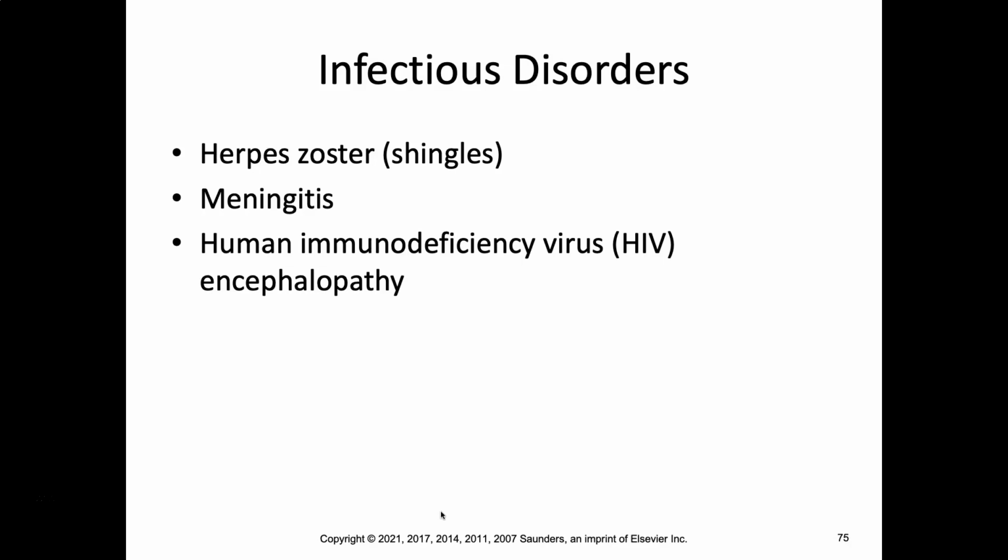AIDS is not diagnosed until they've actually had some kind of medical condition that results from the HIV virus. So just because someone is HIV positive does not mean that they have AIDS. They're not diagnosed as having AIDS until they've had something like HIV encephalopathy, or there's a number of other things that they could have.